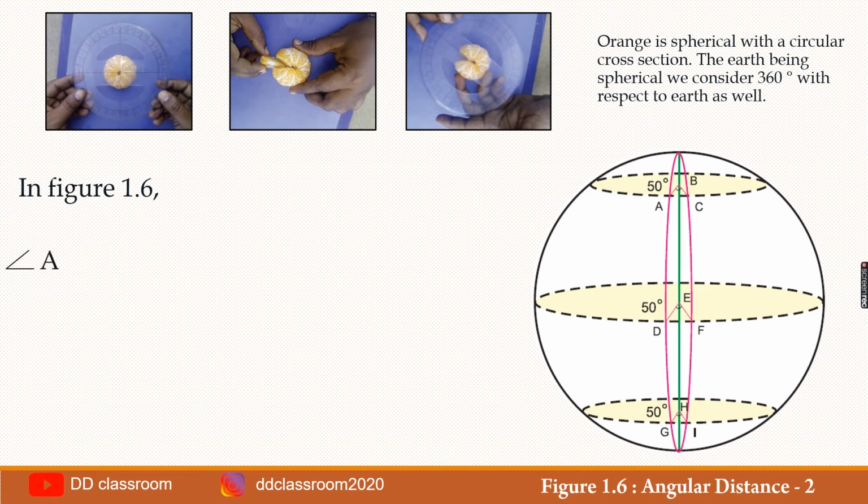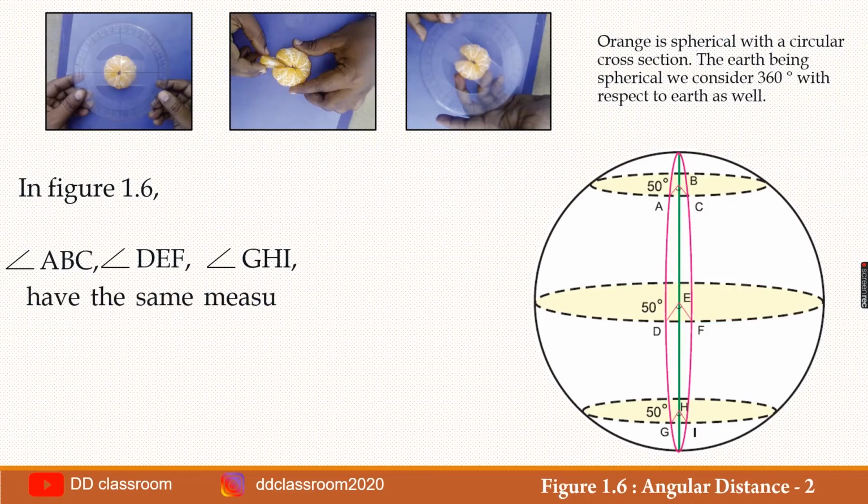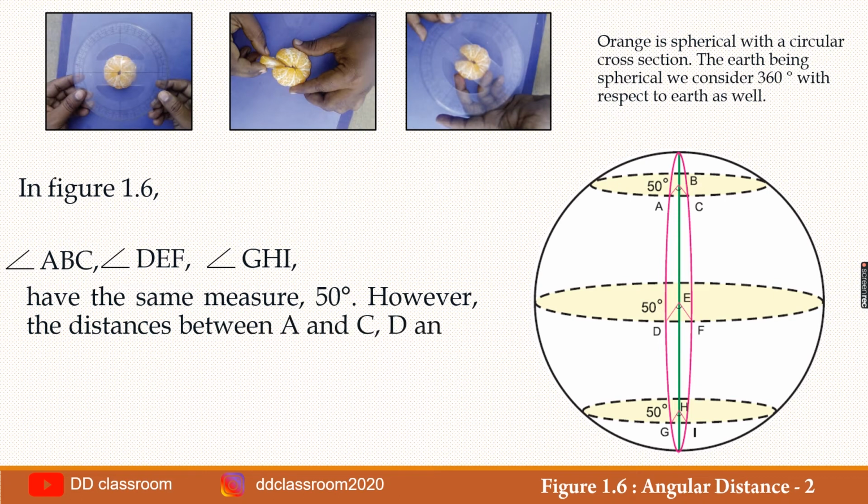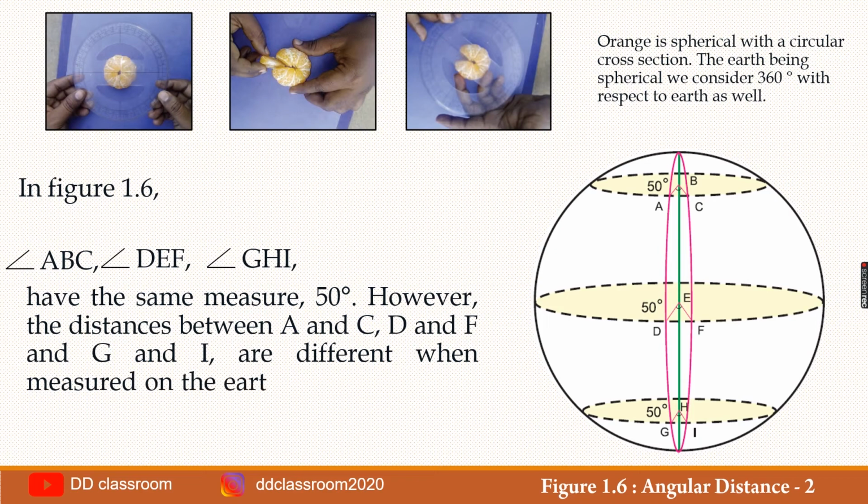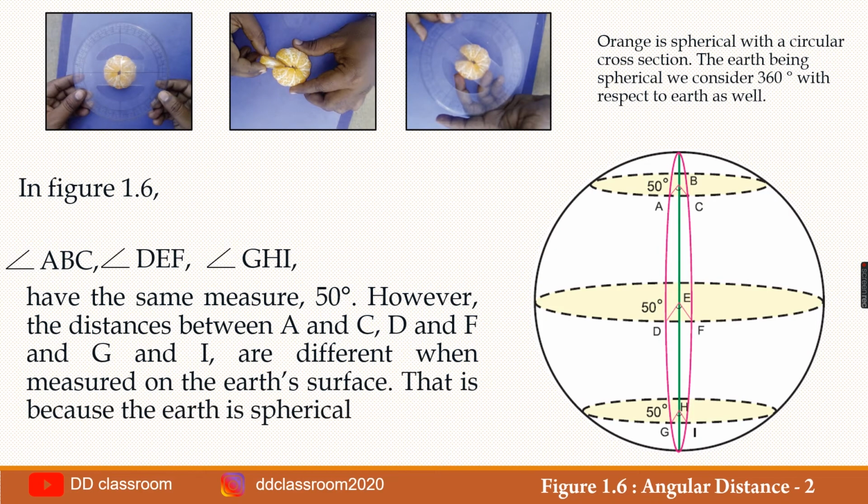In figure 1.6, angle ABC, angle DEF, angle GHI have the same measures, 50°. However, the distances between A and C, D and F, and G and I are different when measured on the Earth's surface. That is because the Earth is spherical in shape.